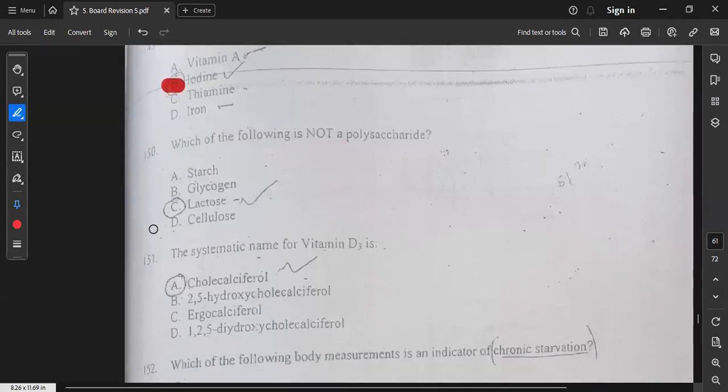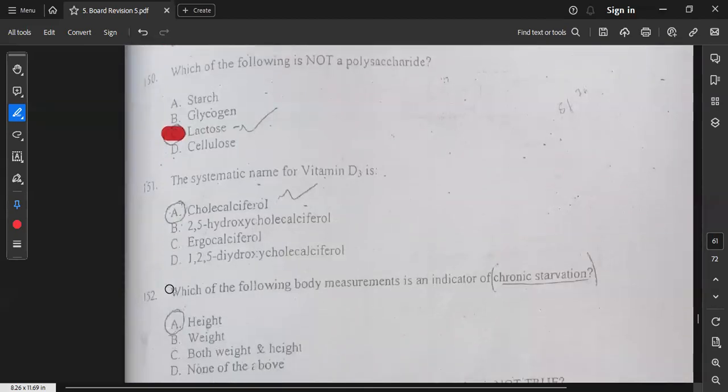Which one of the following is not a polysaccharide? Starch, glycogen, lactose, cellulose. Lactose is a disaccharide between glucose and galactose.